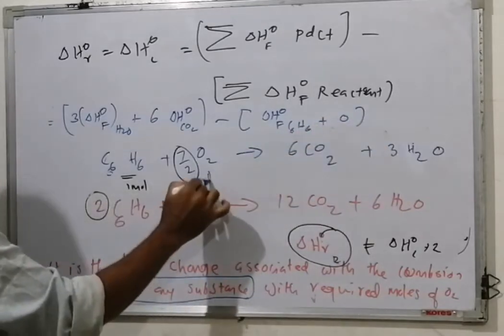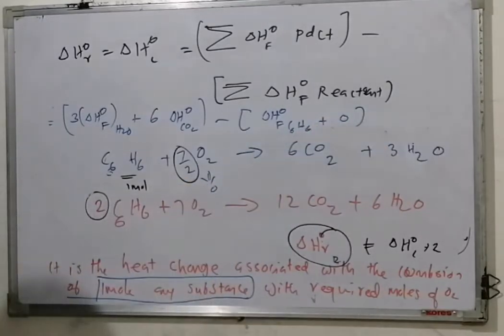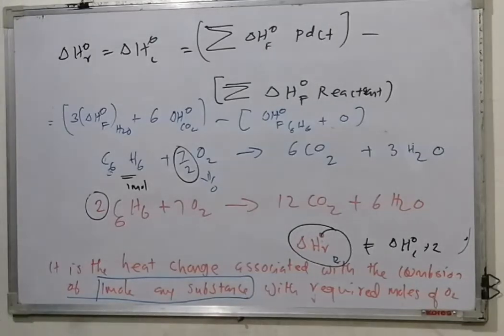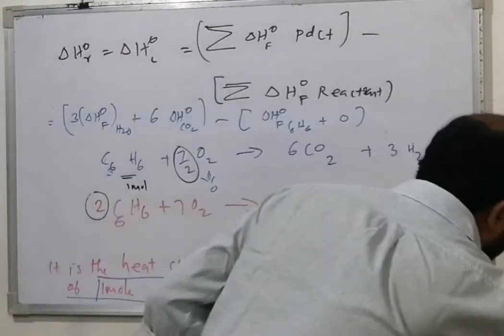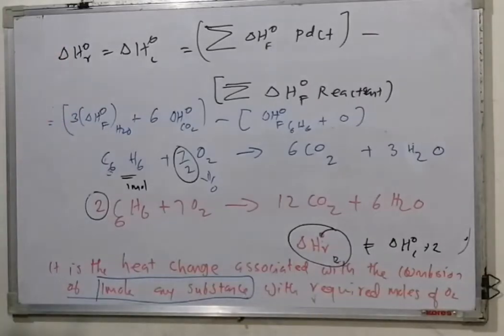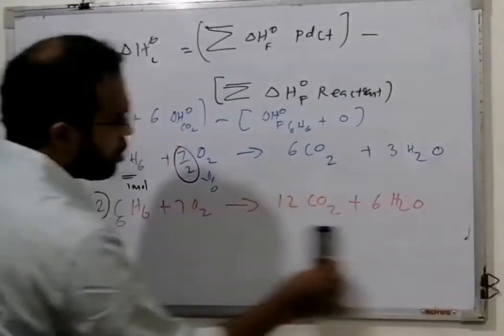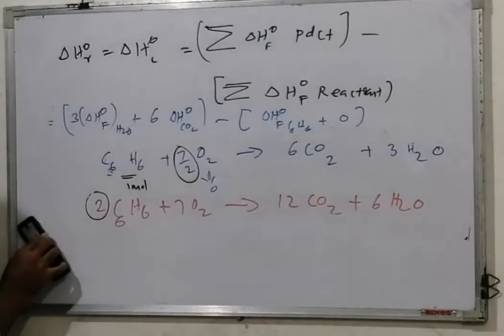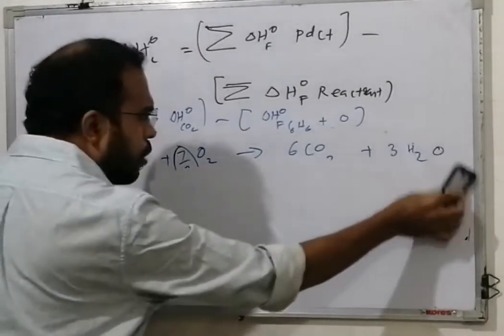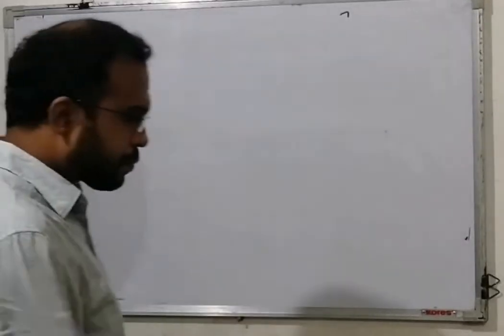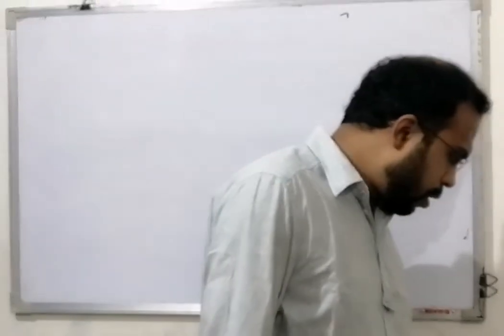Why 0? Because for an element enthalpy of formation is equal to 0. Okay? When you come here, you have an enthalpy of reaction, you will get the same relation here also. Therefore, you have to keep these things always in your mind. Very simple. Now we can solve a previous question.